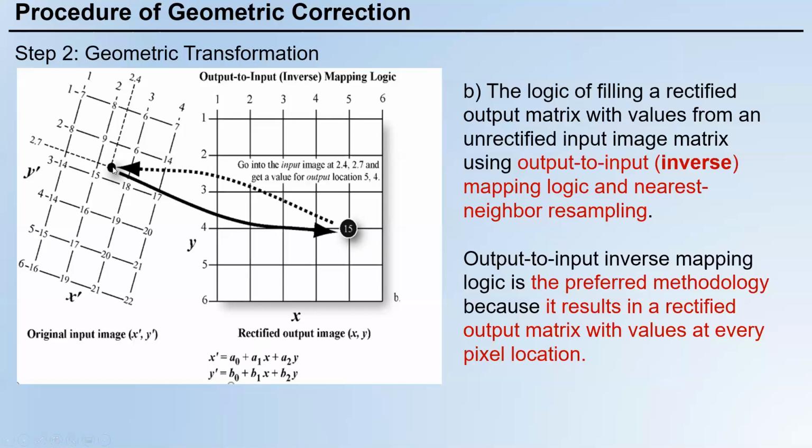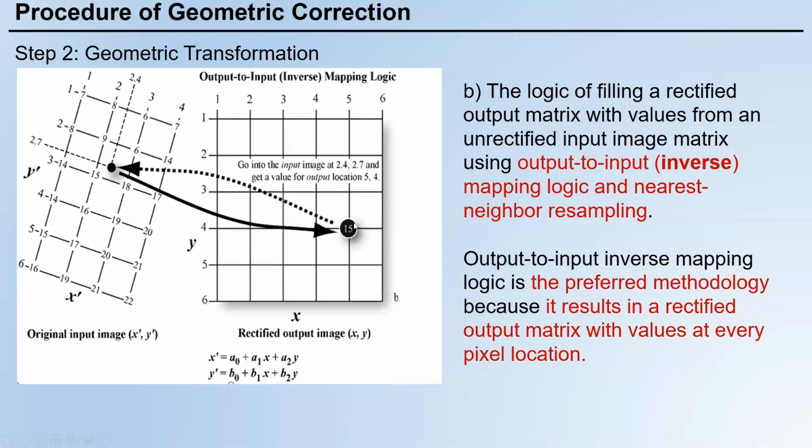It's 2.4, 2.7. It does not exist in the input image. Fine, let's just find its nearest neighbor that exists. So this is the nearest neighbor and its value is 15. I'll just take that and assign 15 to that pixel in the output image.